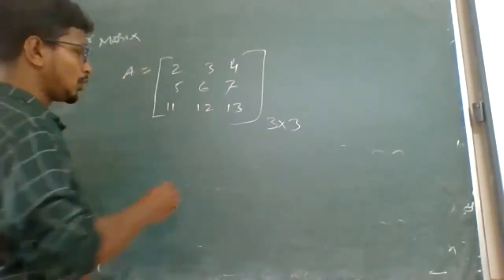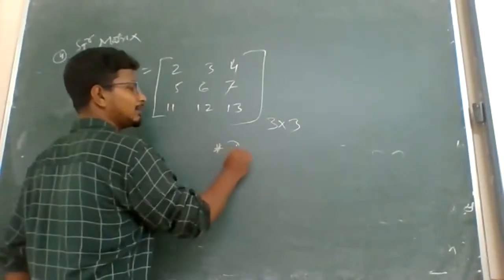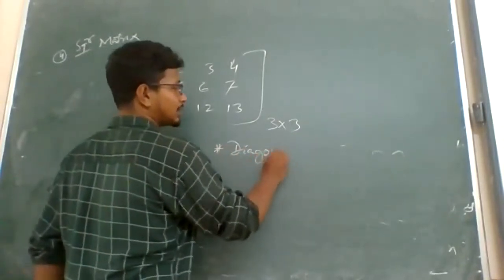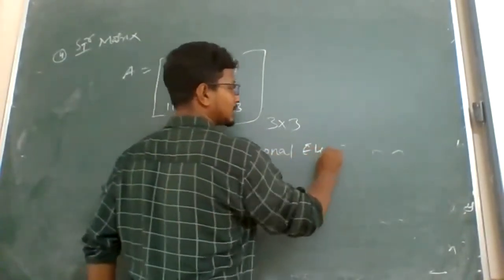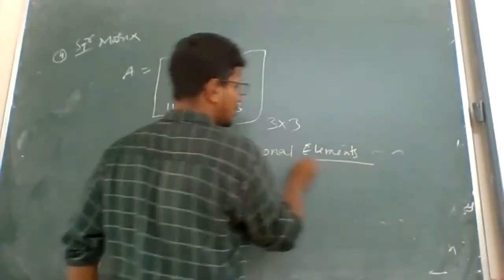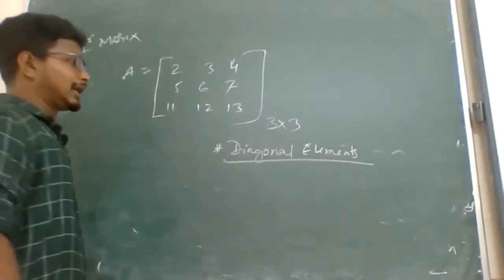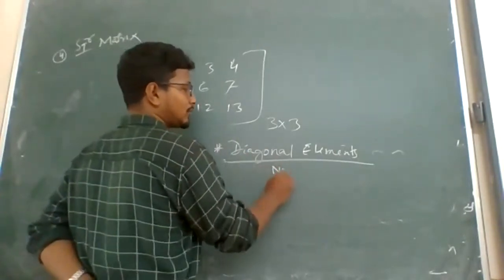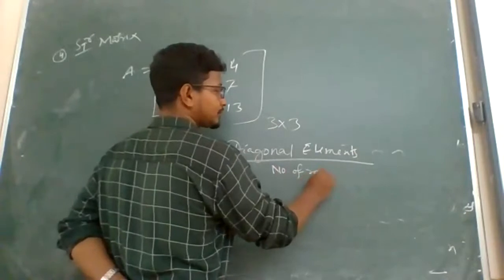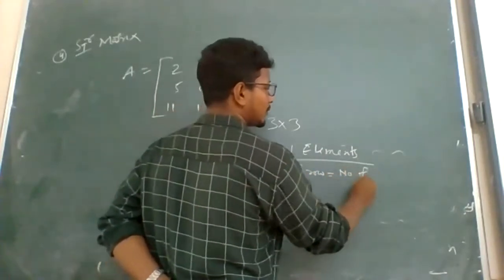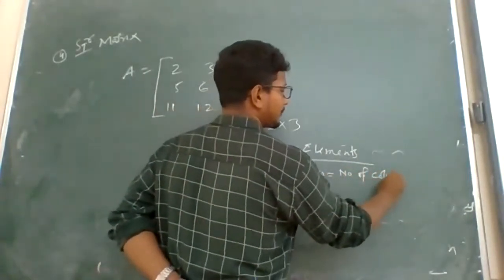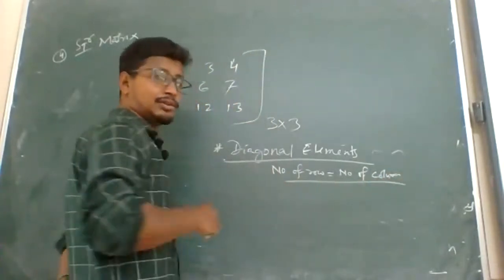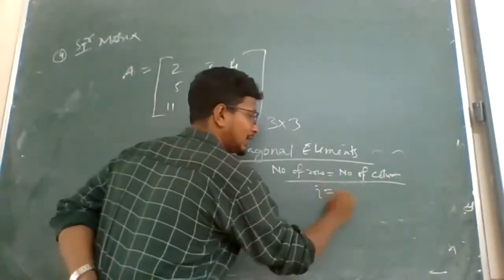Here we have to know one thing, that is diagonal elements. What? Diagonal elements. So diagonal elements means what you know? Actually, diagonal elements are those elements where number of row equals number of column, that is i equal j.